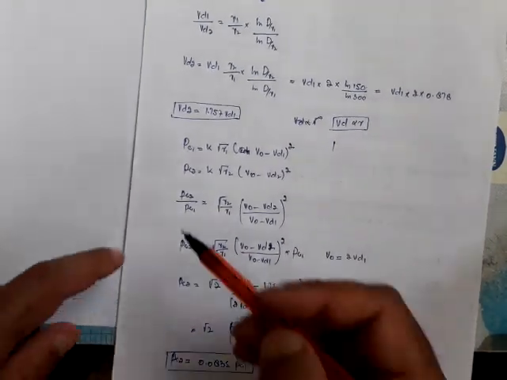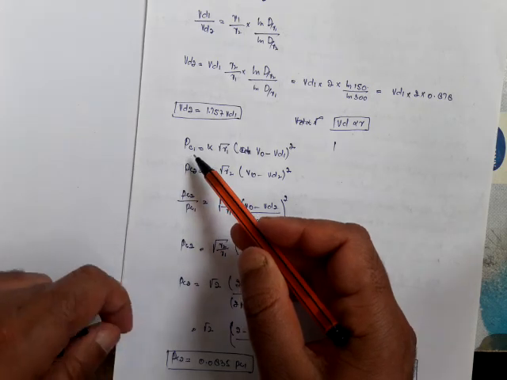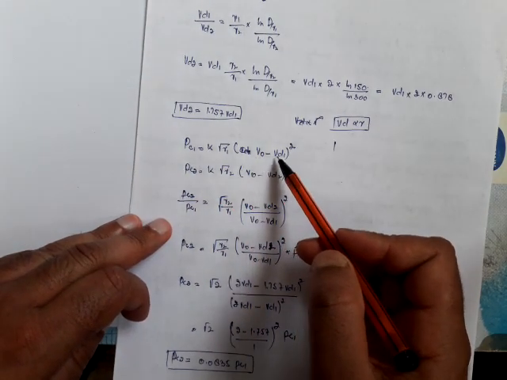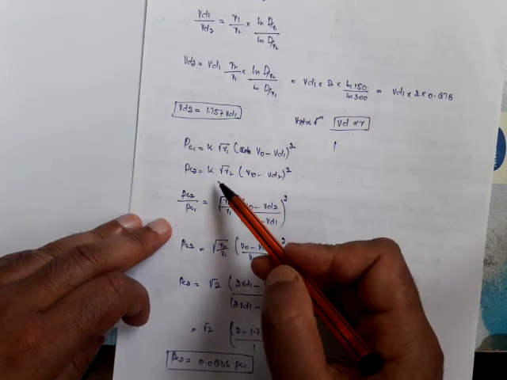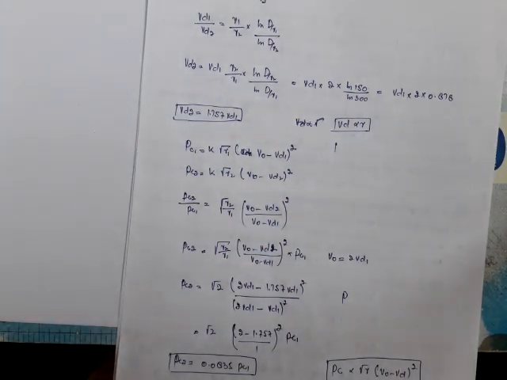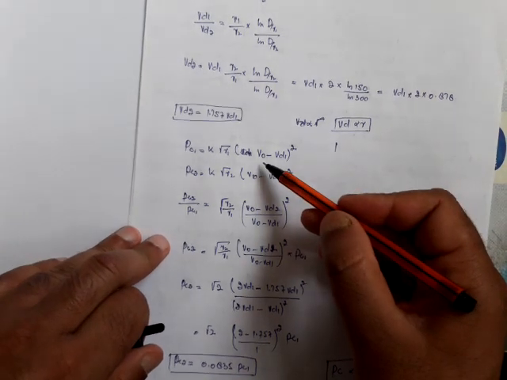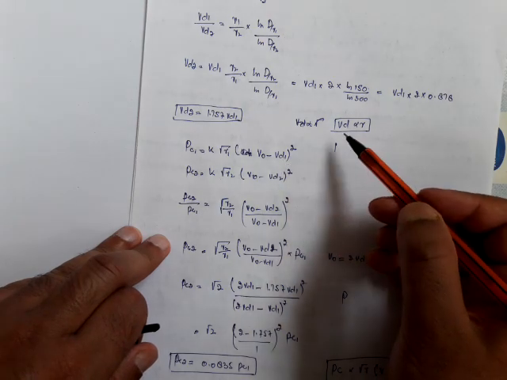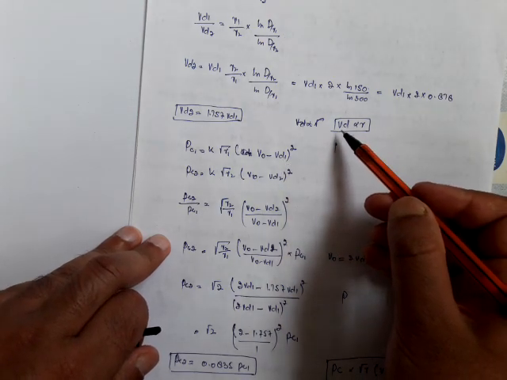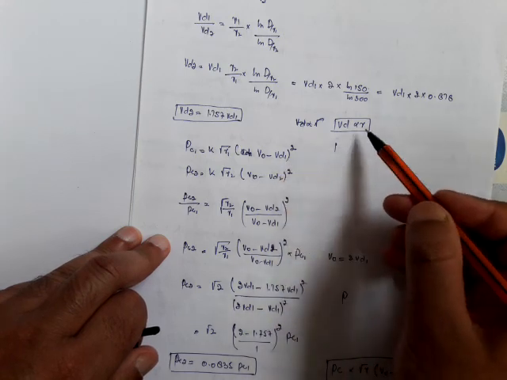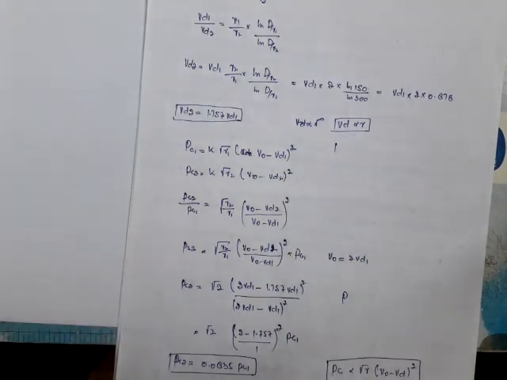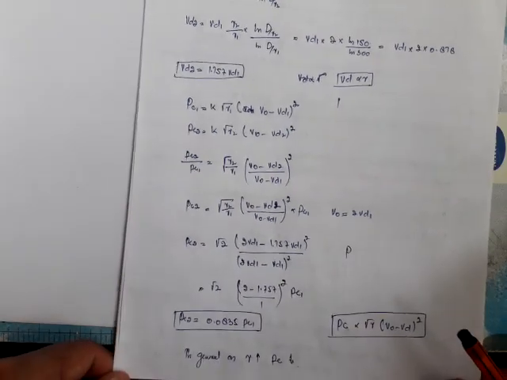Similarly, for the corona loss, Pc is proportional to square root of R times V0 minus Vd whole square. So here also it seems that it is proportional to R. As R increases, it might increase, but it is also proportional to V0 minus Vd squared. As we have seen, Vd is proportional to R, so it has also increased directly with R. So from here I take the same example.